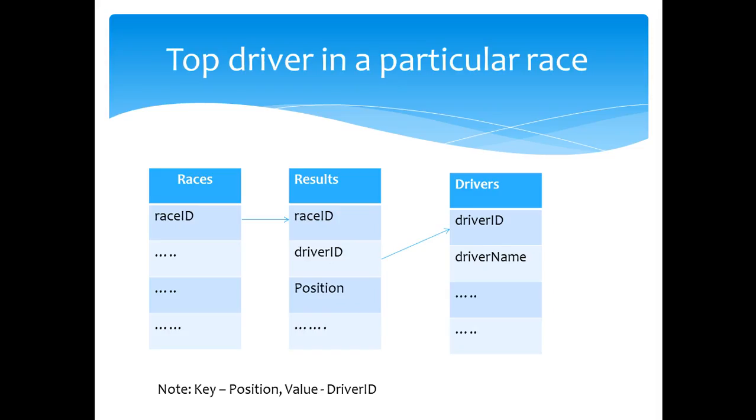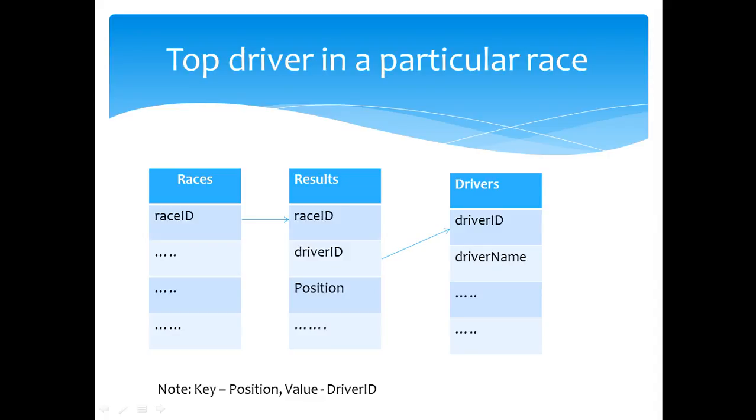The overview of the first problem: these are the attributes of races. Race ID is the attribute in races. Race ID, driver ID, position and others are attributes from results, and in the same way driver ID and driver name are attributes from drivers.